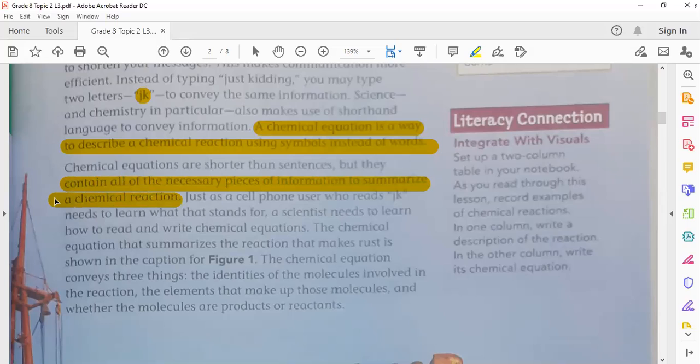Yes, it's a summary, but it must contain all the necessary information.